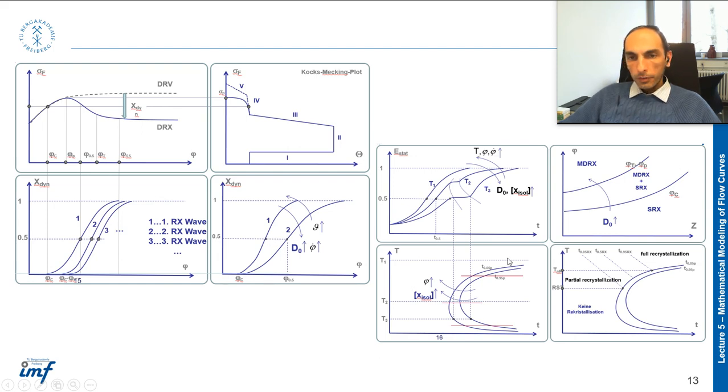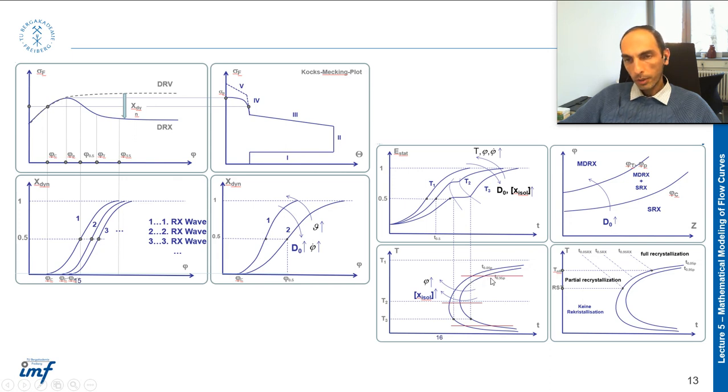And this curve, for example, is about the effect of temperature and time on the dynamic recrystallization. This curve is showing that at a very high temperature and very low temperature, the time which is required for the dynamic recrystallization is longer.